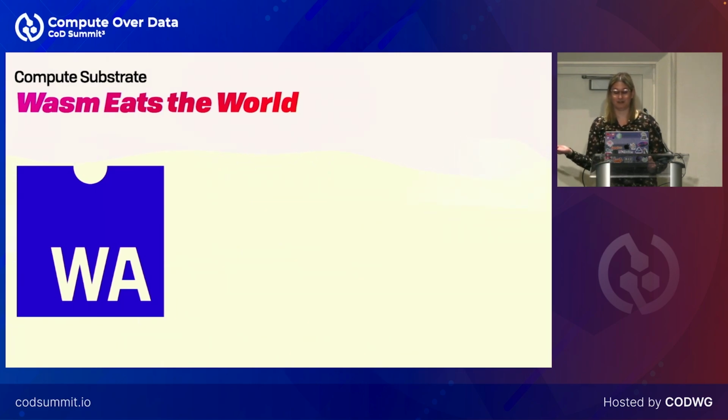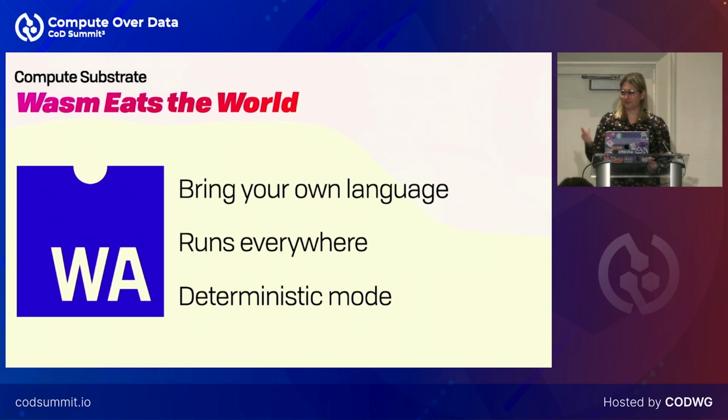In fact, we're very directly going to be working with things that aren't WASM, but WASM has three major advantages. You can write it in any language you want. It runs literally everywhere. It'll run in a browser, on a server, on a phone. Doesn't matter. And you can put it into a deterministic mode, so that if I run something today, or a year from now, or you run it, with the same inputs, we'll get the same outputs.